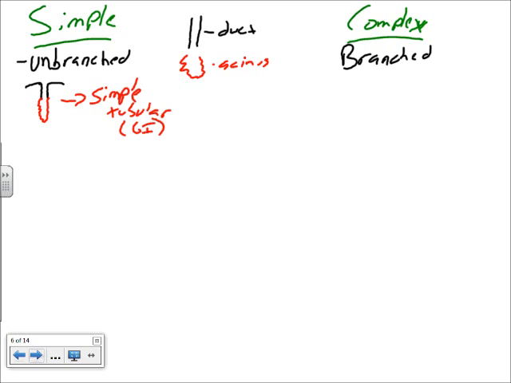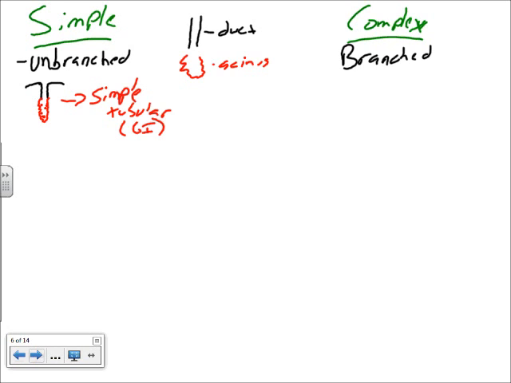So again, you see a very simply organized gland, just one little active area, one duct. Another one you can see is simple branched tubular.